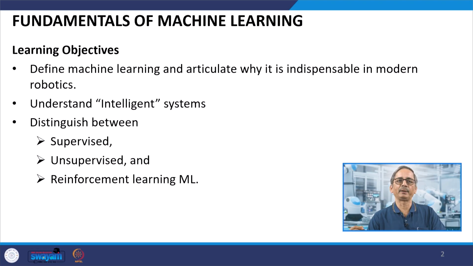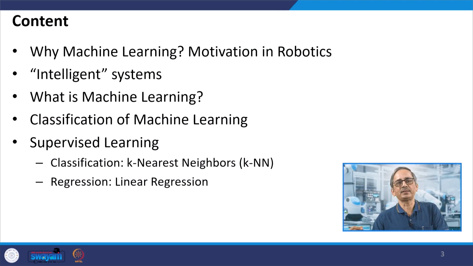Specifically, I will be focusing in much more detail on the supervised one in this lecture, and the other two I will be taking up in the next lecture. So, this is how I have arranged the content for this lecture.